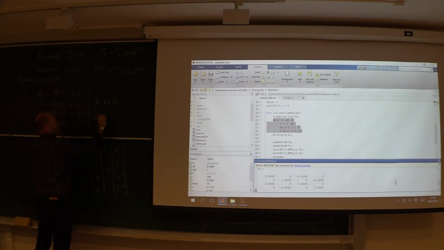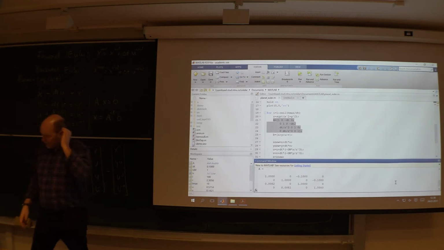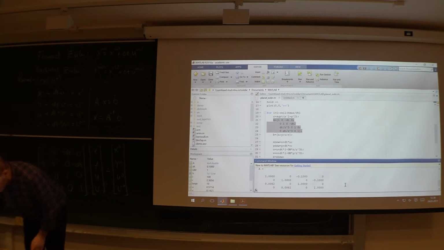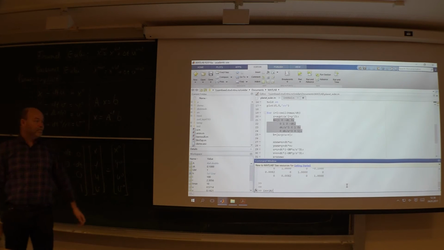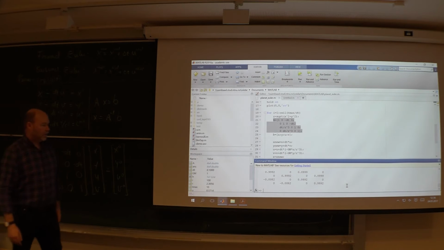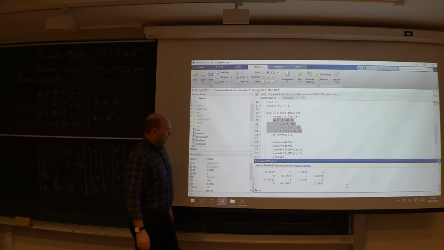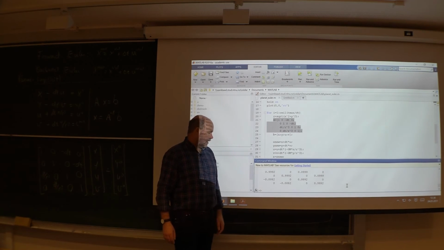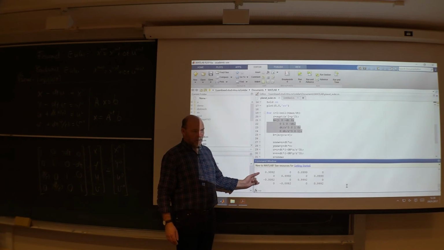Well, you can write it then A inverse b. So we want to have the inverse of the A matrix. And yes, you can do that and write inv of the A matrix. That's possible. So here you have the inverted matrix, and now you multiply this one with the b, then you have the solution.